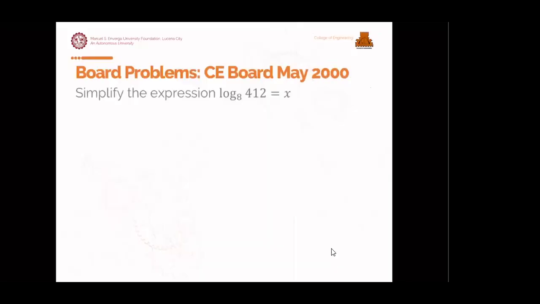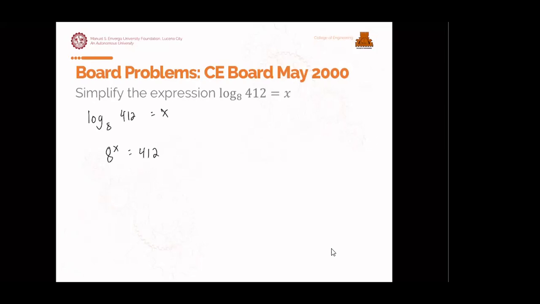Applying this to an example, board exam 2000: log of 412 base 8 equals x. Apply the theorem we got earlier. To change the logarithm, this can become 8 raised to x equals 412.